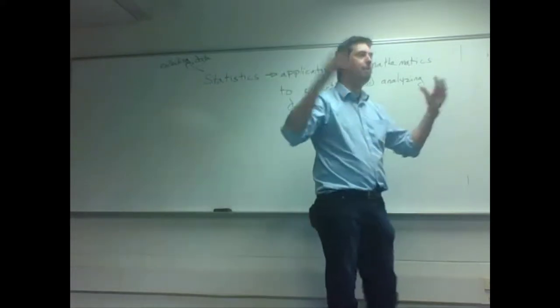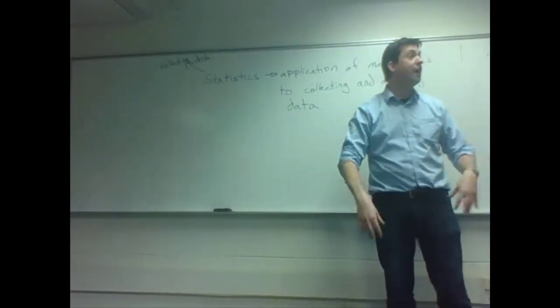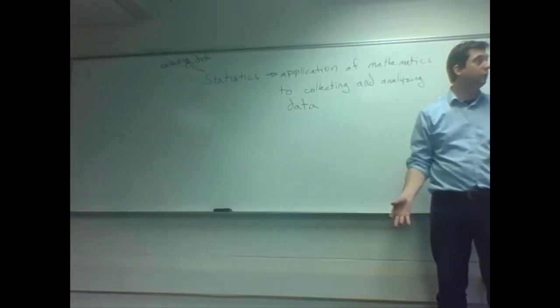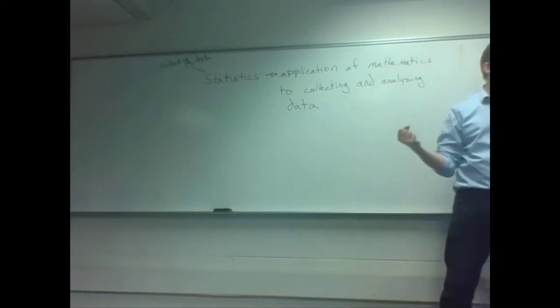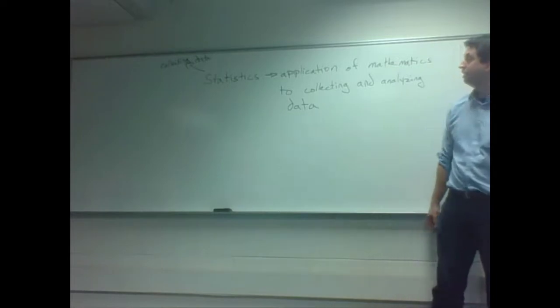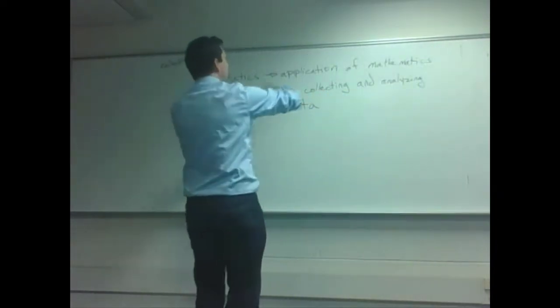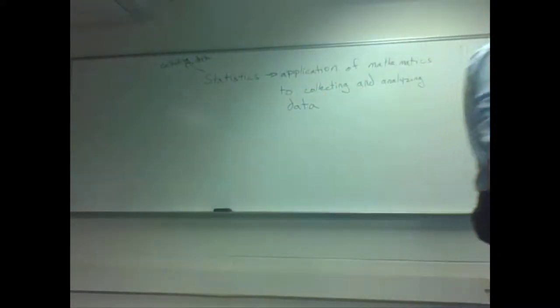You have to unpack not just the randomness, but how good the data are, how you collected it, and how you're going to analyze it, and there's a million different ways to do it. This is just our introductory level, so we're going to arm you with the very basic ideas, but there's a lot in this area. It's not just collecting data, it's also analyzing it. Any questions so far?